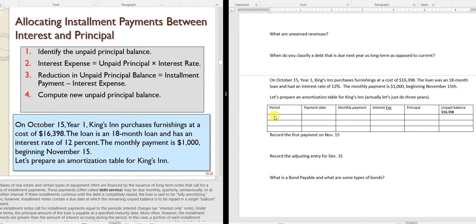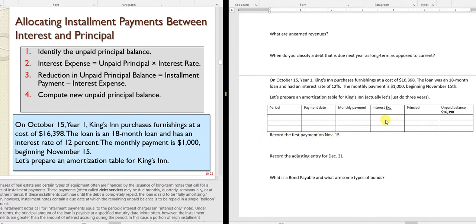So I'm going to put period 1, 2, and 3. I only have 3 on this. The payment dates are November 15th, December 15th, and January 15th, and the monthly payment is $1,000. So right here we should be able to fill in these 3 amounts.